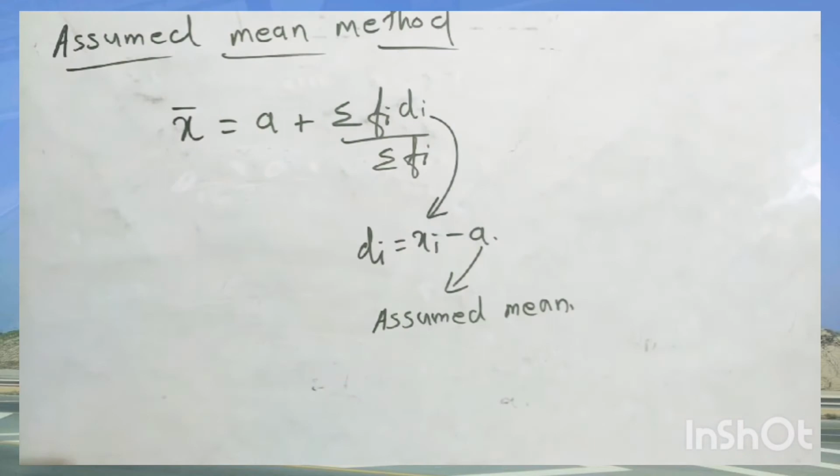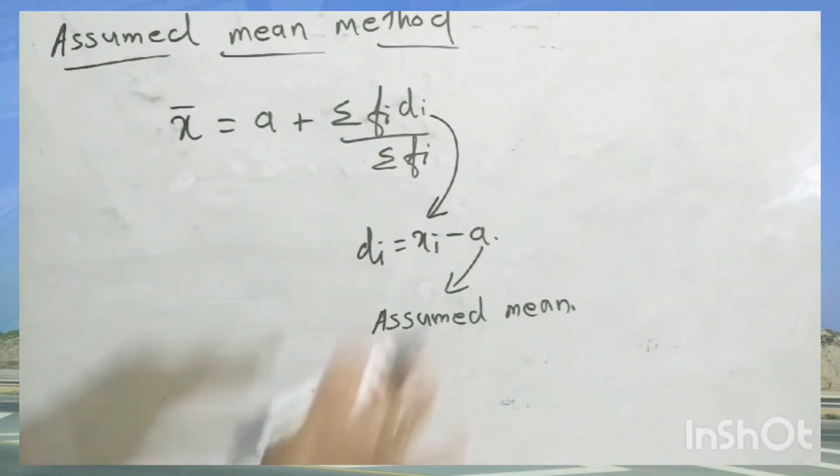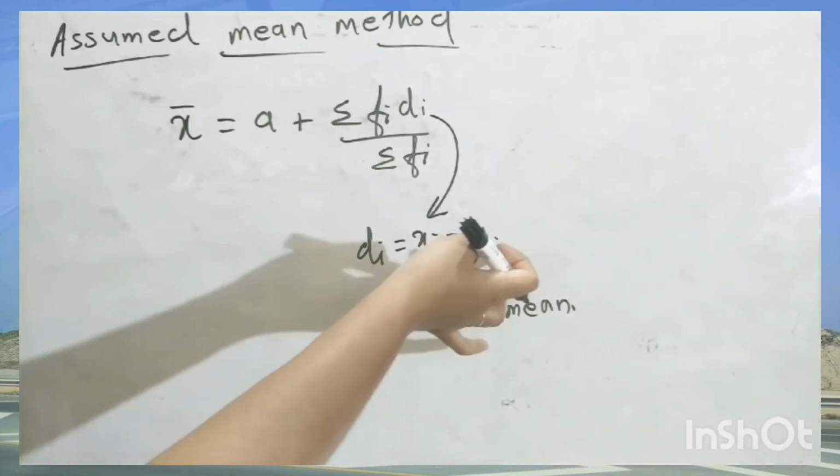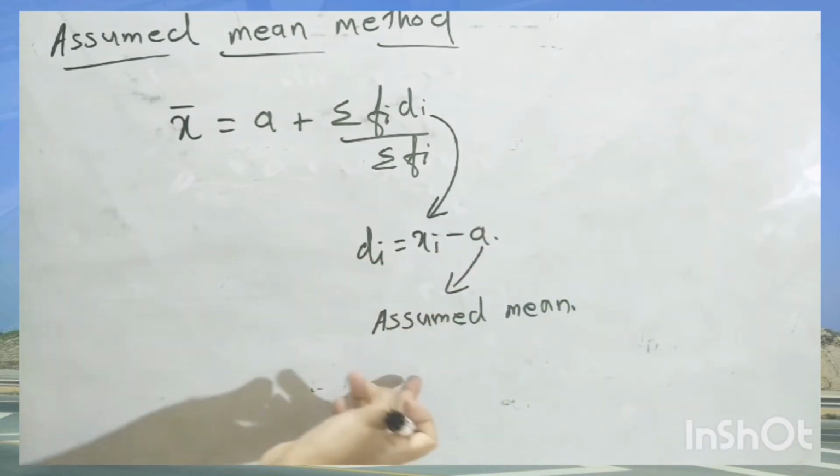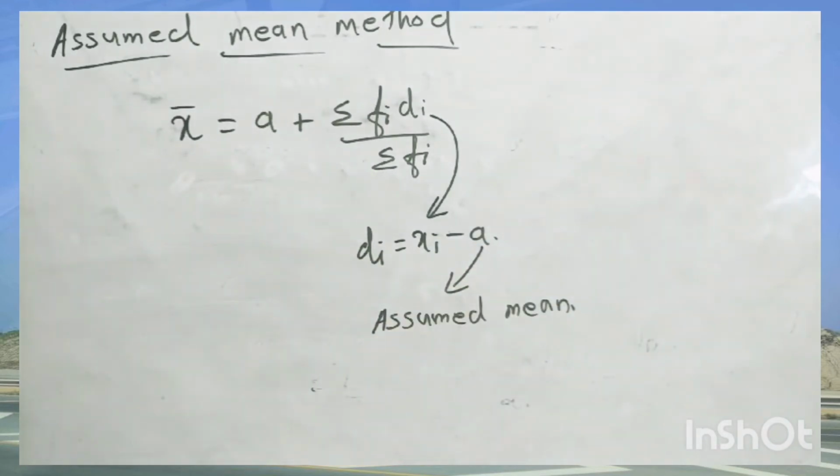Fi means frequency, that will be given in your question. Then di means xi minus a, and what is this a? That is our assumed mean. That a, you can take any value from your xi column.